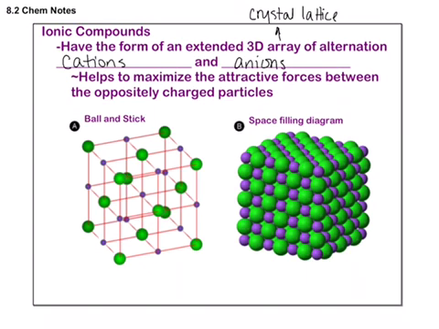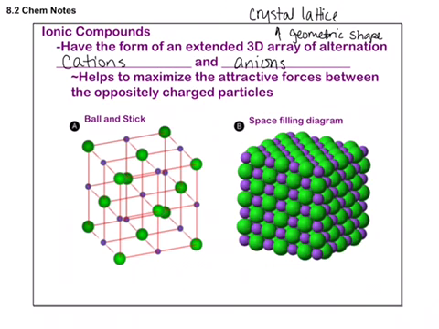They alternate between the positive and negatives, and they're going to give you this crystal lattice, and this crystal lattice will be a very geometric shape, meaning that you would be able to predict the next ion in the pattern.